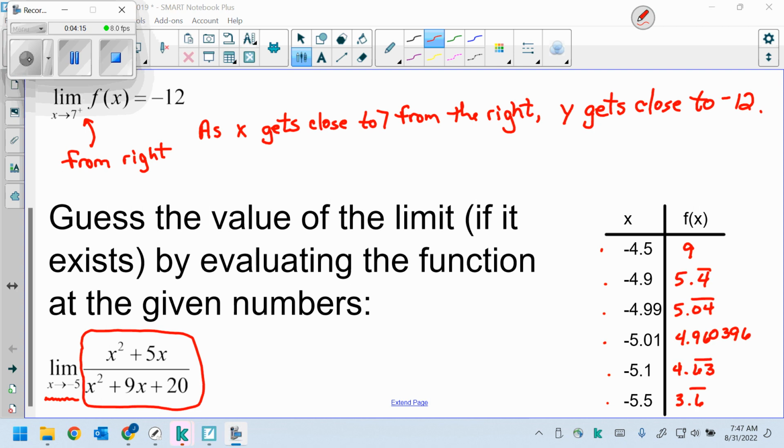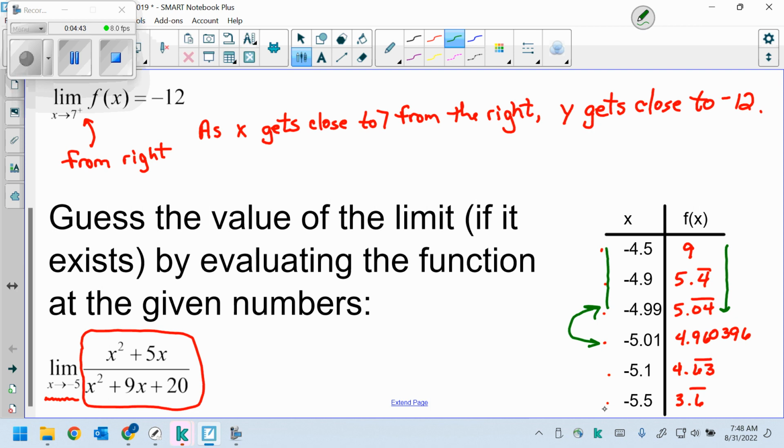All right, those are the values of the function that I got at those particular x values. Now, if we're approaching negative 5, I'm going to focus my attention on these guys right here, which are very close to negative 5. The closer and closer x gets to negative 5, the closer this number gets to, looks like 5.